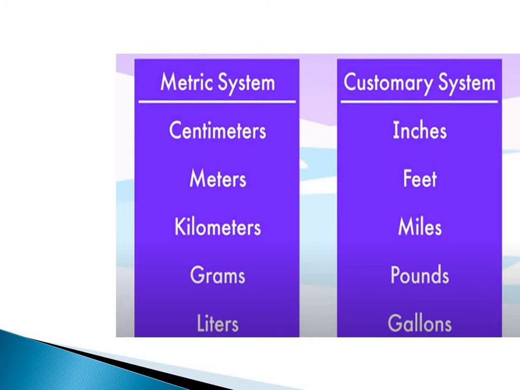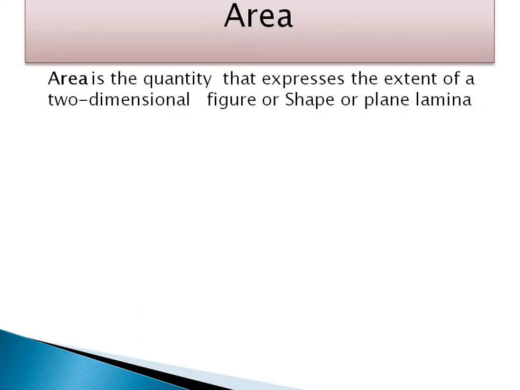Distance in kilometers is converted to miles, weight in grams is converted to pounds, and volume in liters is also measured in gallons. Even on television news channels, if you hear news about oil, still today the oil is expressed in gallons instead of liters in many news areas.